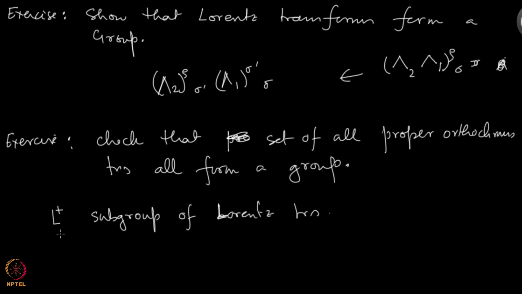Meaning L plus will form a group by itself under the same multiplication rule which you have for Lorentz transformations, and that is why it is called a subgroup. Okay. And remember that the identity element always has to be there in the group. So, L plus anyway has an identity element. So, it is going to work out that it turns out to be a subgroup.